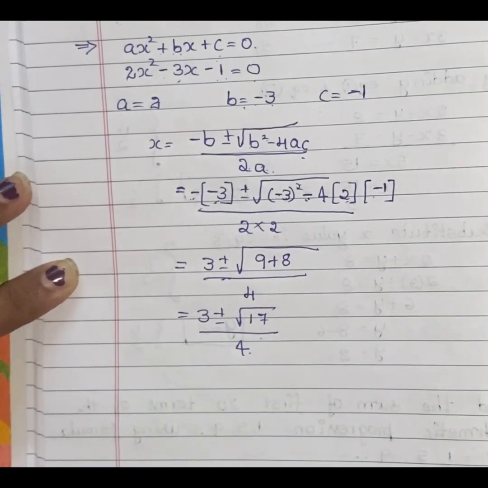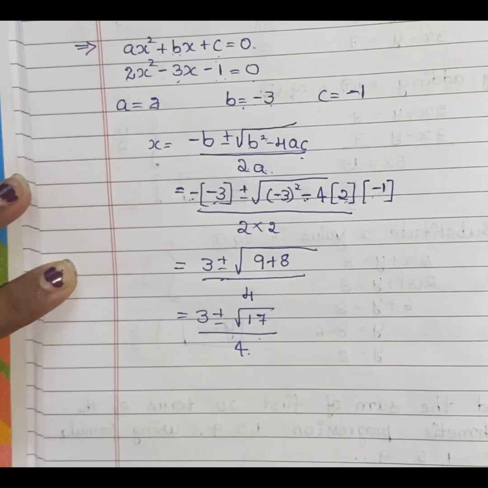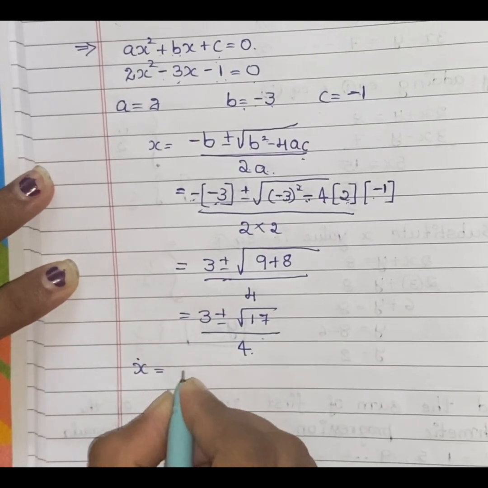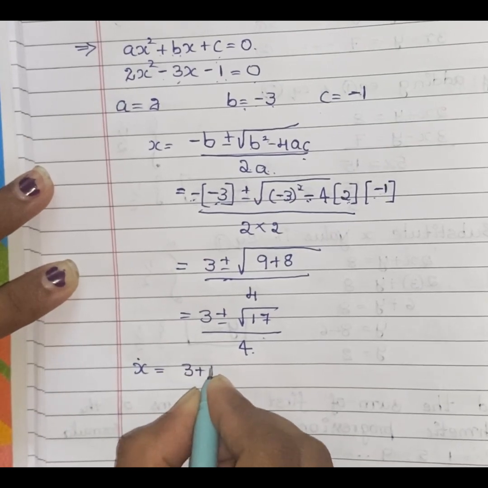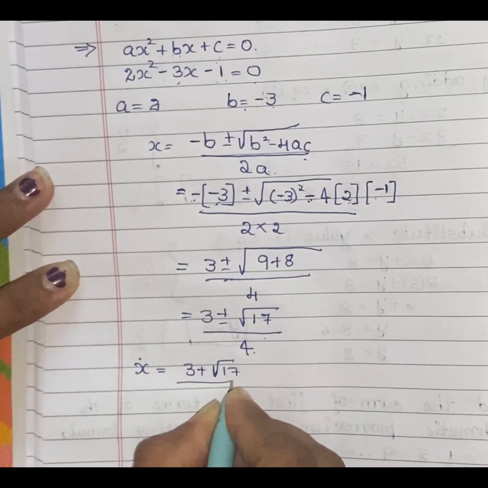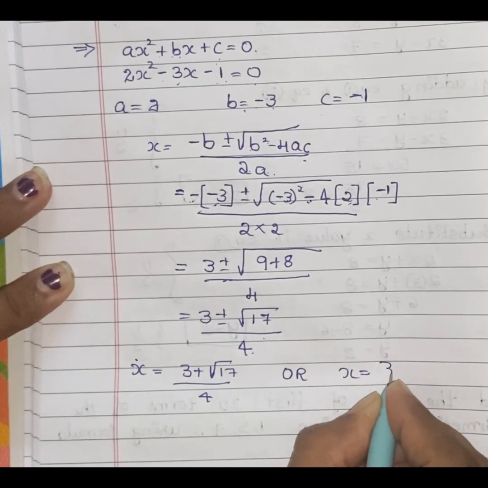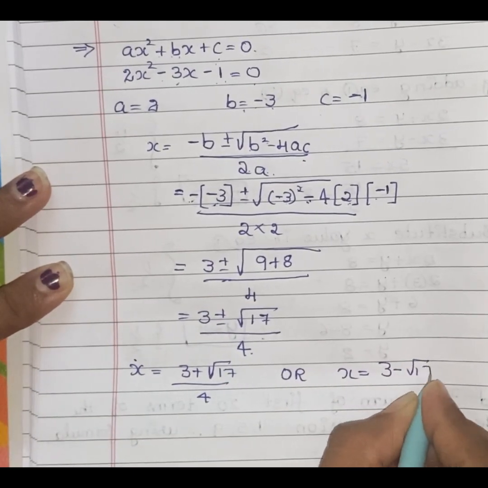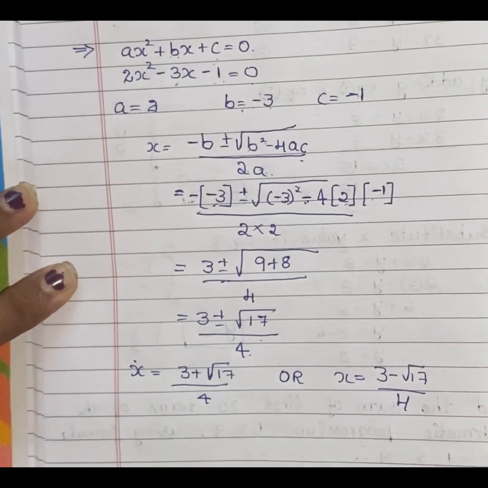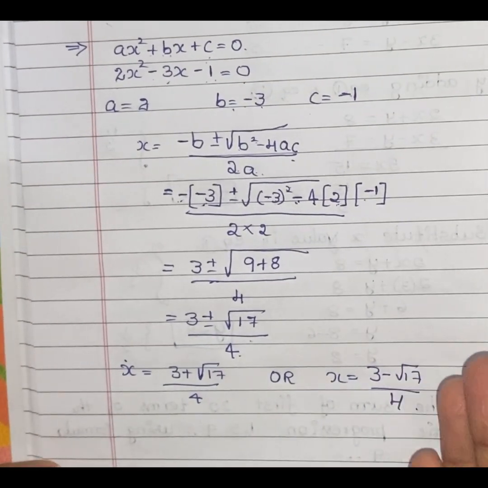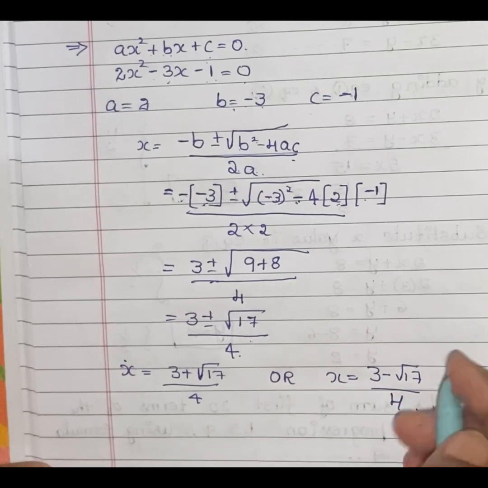So we have two roots, that is we need to write x is equal to 3 plus root 17 by 4, or x is equal to 3 minus root 17 by 4. Okay, this is the final answer. Now we'll see how the marks split up for this.